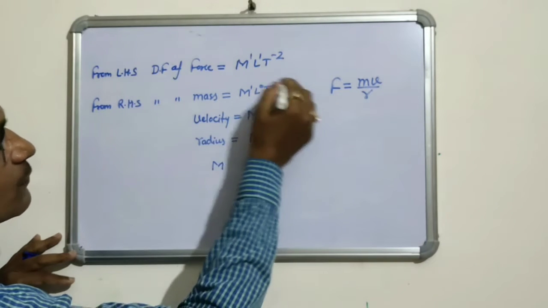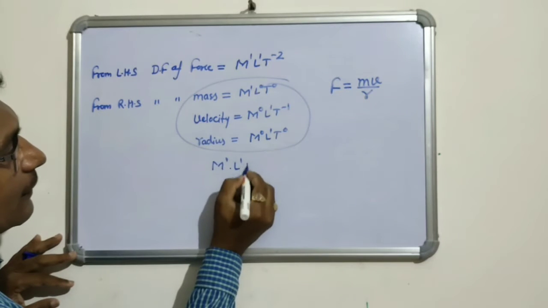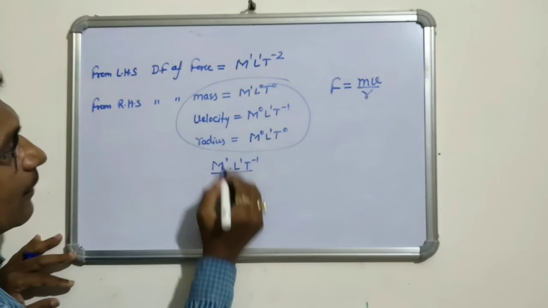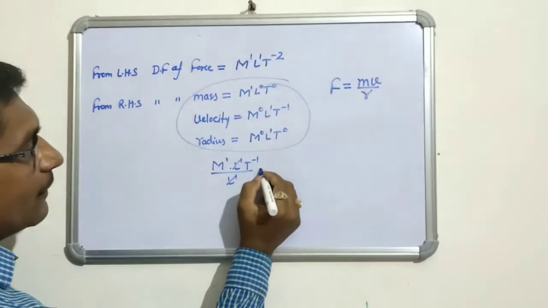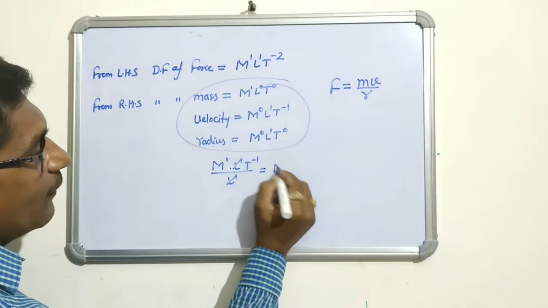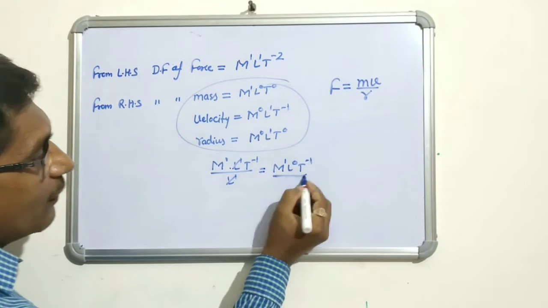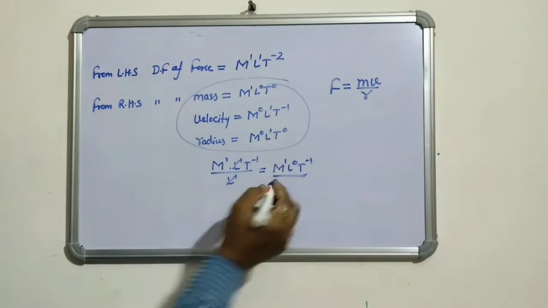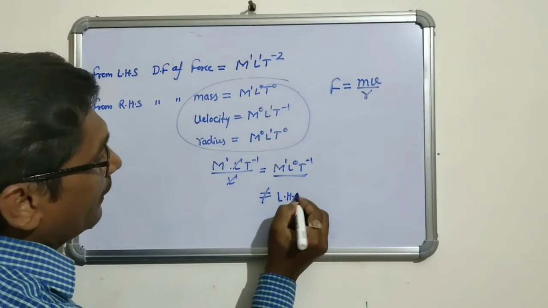Now we combine these three terms: M1 L1 T minus 1 upon L1. L1 and L1 cancel, so we get M1 L0 T minus 1, which is not equal to the left hand side.